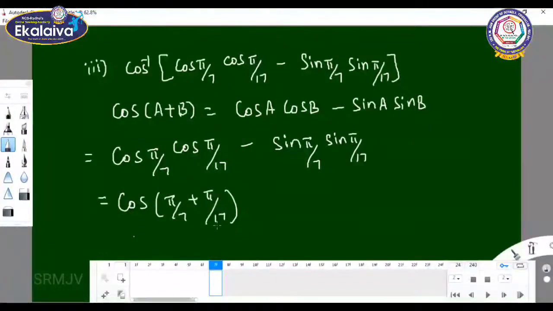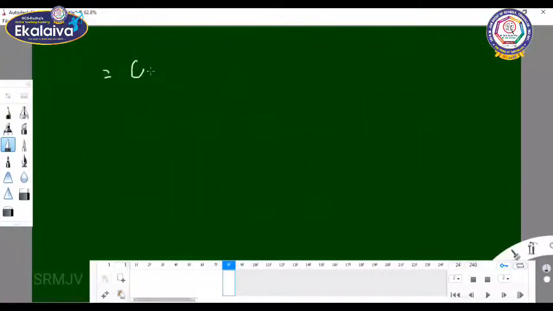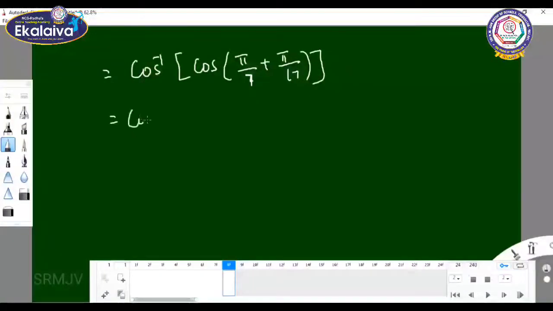So what is the value? You can take it as 1. So it gives cos inverse of cos of pi by 7 plus pi by 17. What is the LCM? 17 sevens are 119.